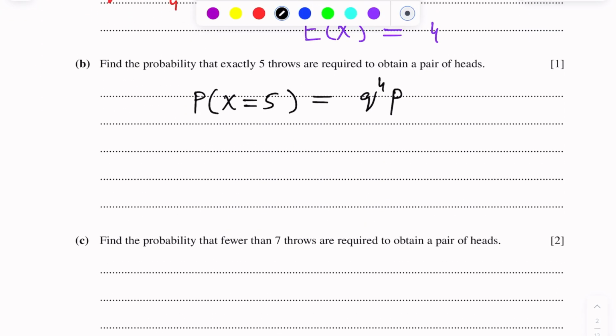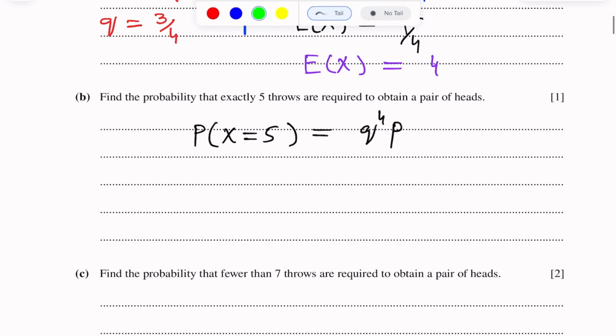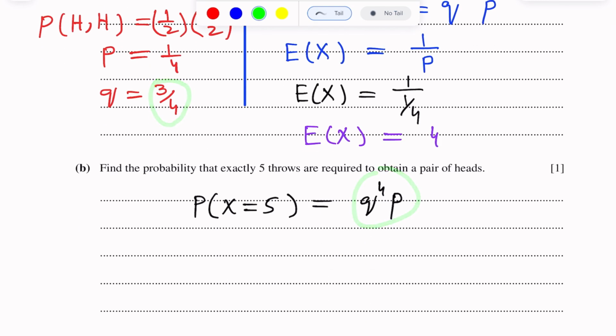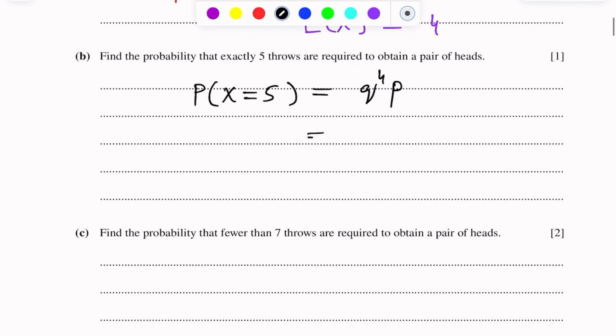Now we're putting in the values of q and p. The value of p is 1 over 4, q is 3 over 4. Putting here the values, we get 3 over 4 to the power 4, into 1 over 4.